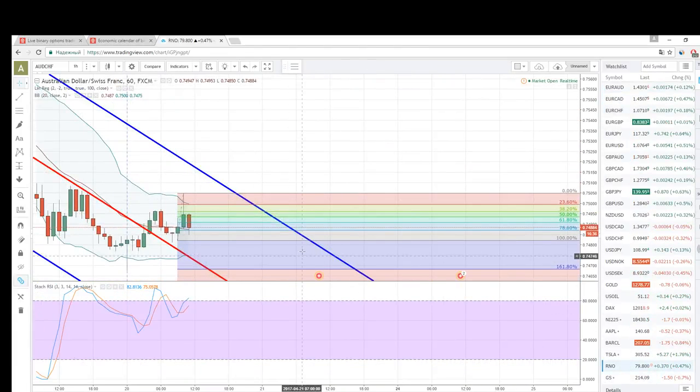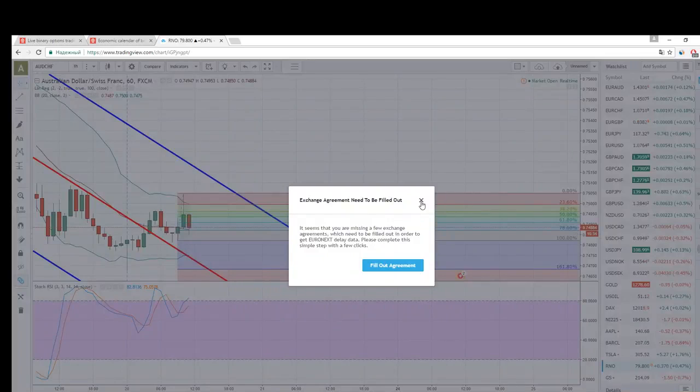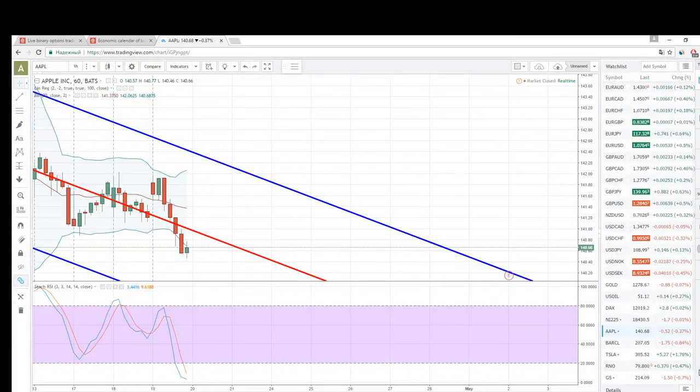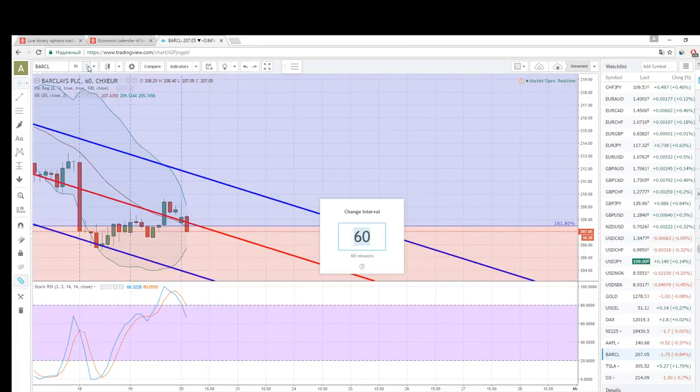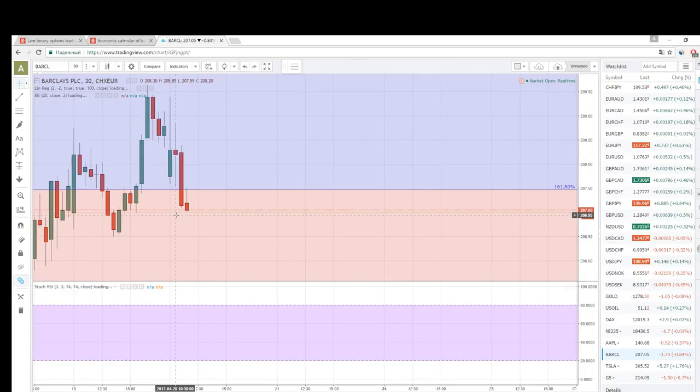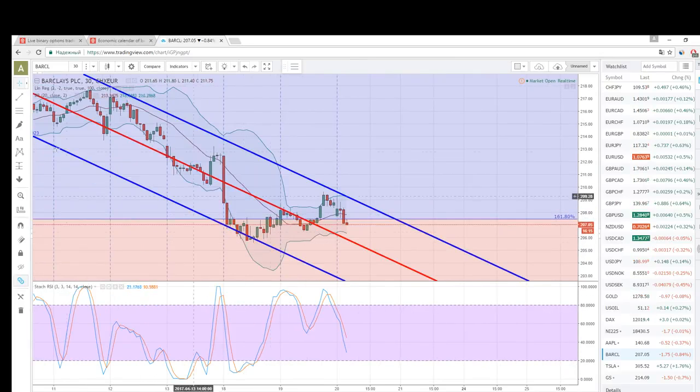And currently, if we will, okay or not, I will come back to it later on. So Barclays, probably on the shorter time frame, we can see something more definite.